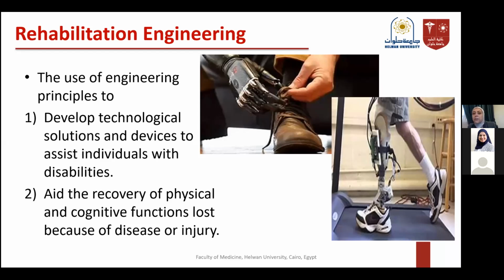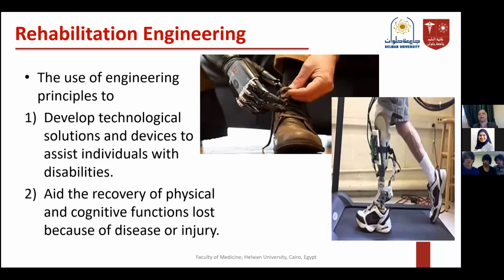This is called rehabilitation engineering. Nowadays, there are great advances in this field. It's used to develop technological solutions and devices to assist individuals with disabilities. It can be a prosthetic limb.